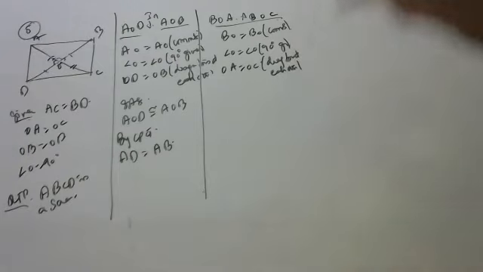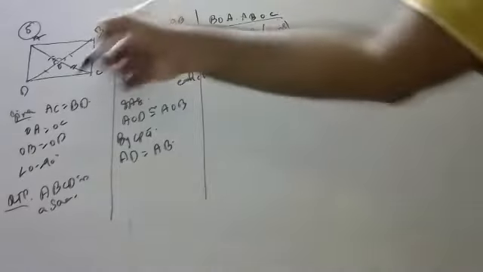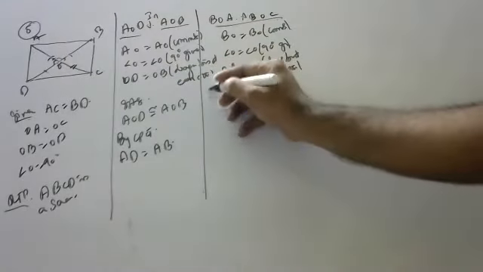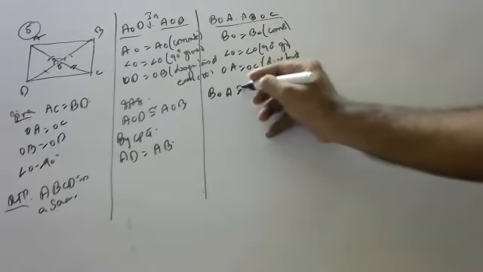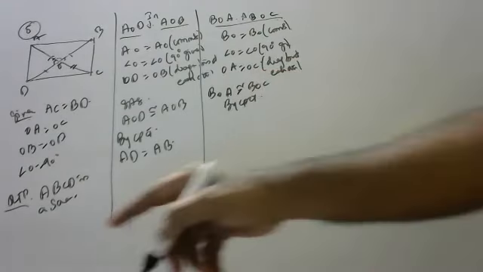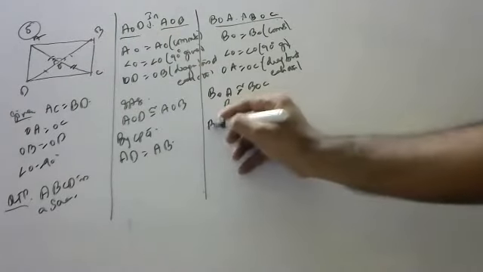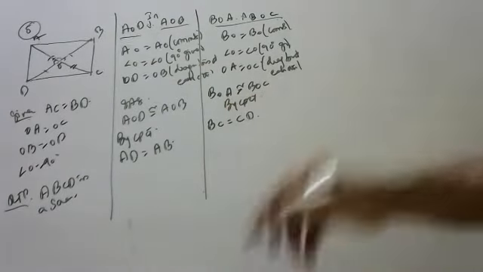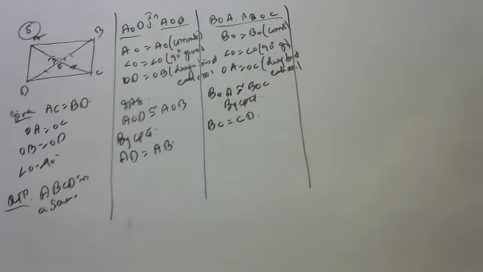Very good. So BOA is congruent to BOC. By CPCT, AB is equal to BC. Okay, children. So AB is equal to BC.